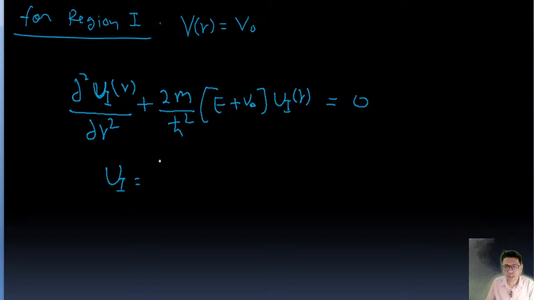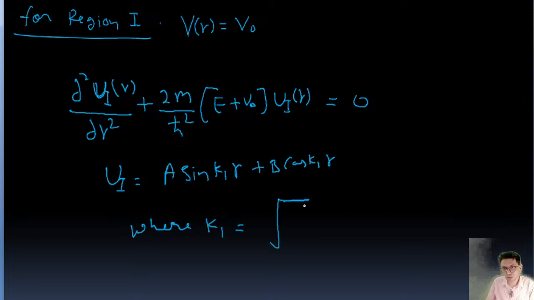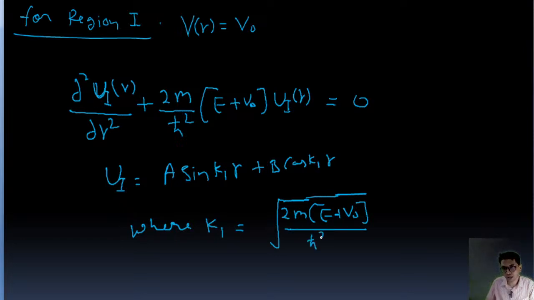Directly I'm going to write the solution: u first is going to be a sine k1 r plus b cos k1 r, where k1 is root of 2m (E plus V naught) upon h cut square.